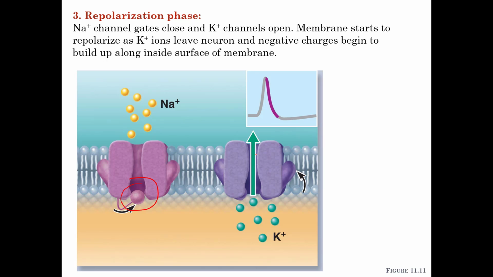We end up then after repolarization, so after this phase here, we end up back at about resting potential. We actually end up a little bit hyperpolarized. So we end up at minus 75 millivolts inside, and so minus 75 millivolts more negative on the inside of the cell membrane as compared to the outside.